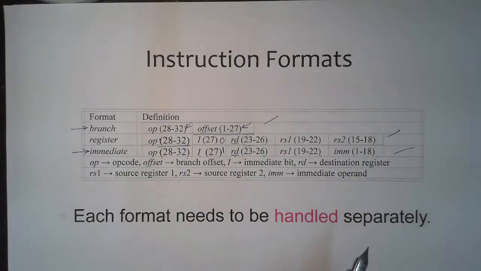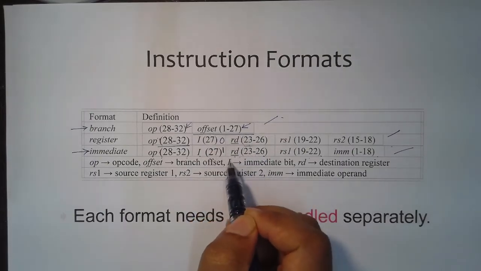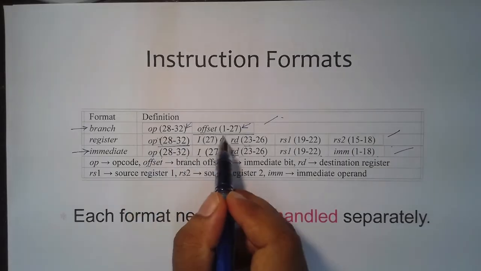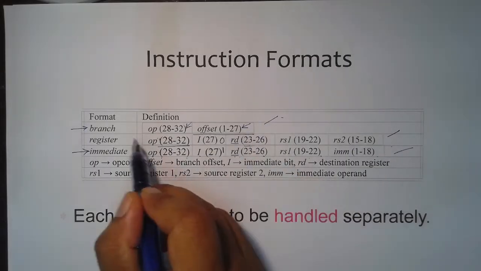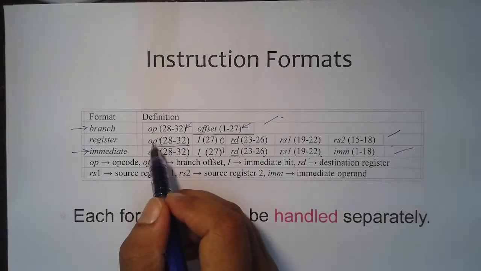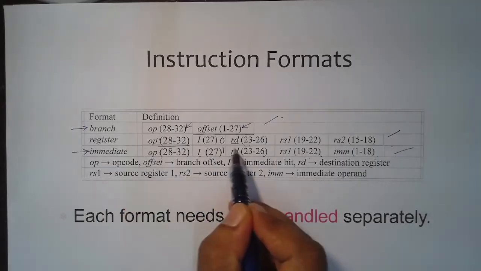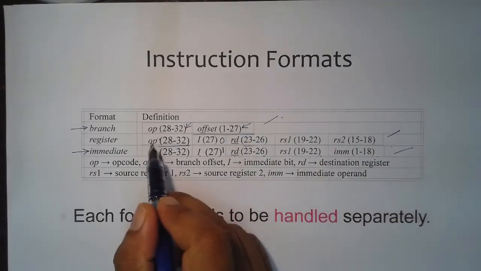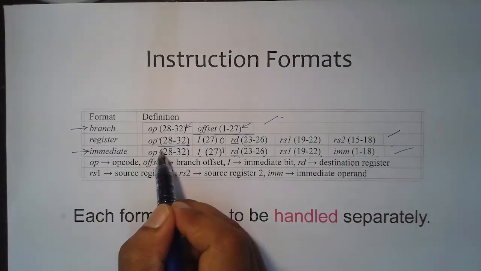So, you can say that I do not want to compromise on performance, and that is why I will employ 3 different modules in parallel to do these things without knowing whether the result will be useful or not. For example, if it is not a branch instruction, whatever I will be doing in this hardware is not useful. Similarly, whatever I will be doing in this module, if it is a branch instruction, then that will not be useful.